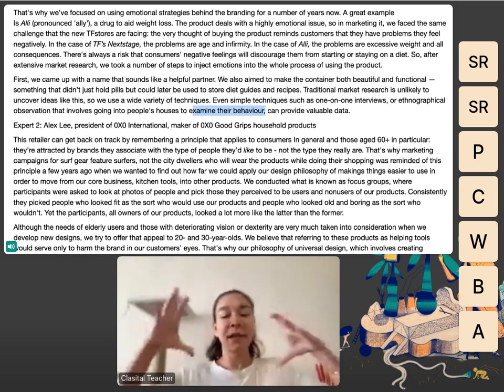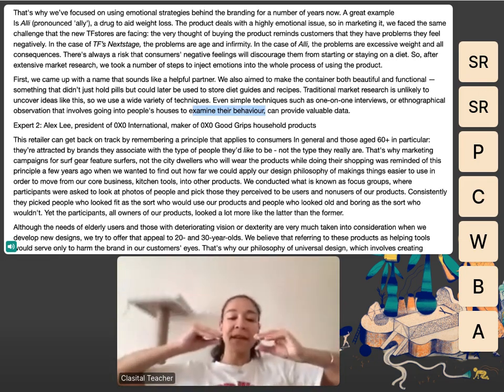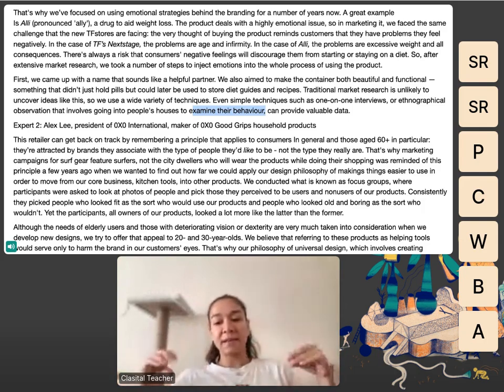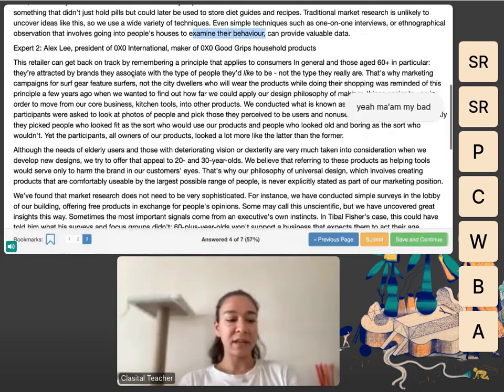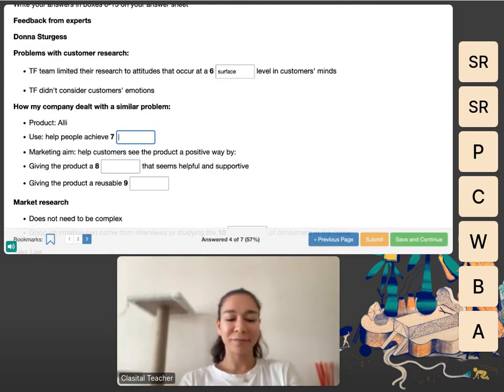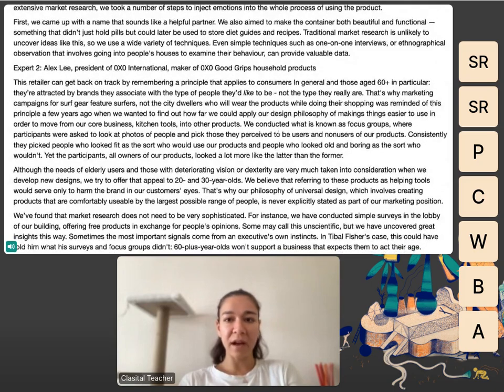So it is a big point, and they are making it an example. They're making it study, examine the behavior. If I'm not sure about the something, how to write it, I can always look at it from the reading.